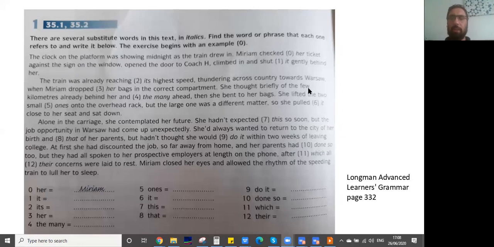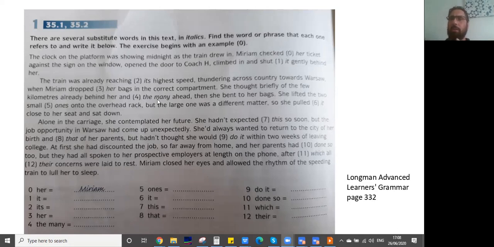She thought briefly of the few kilometers already behind her and the many. What's the many referring to here? Okay. So this is a type of quantifier.